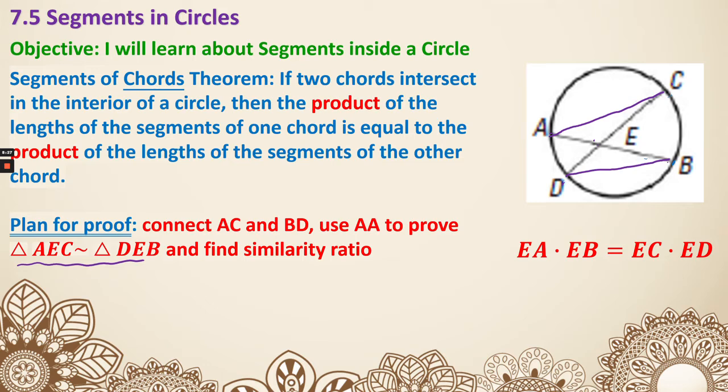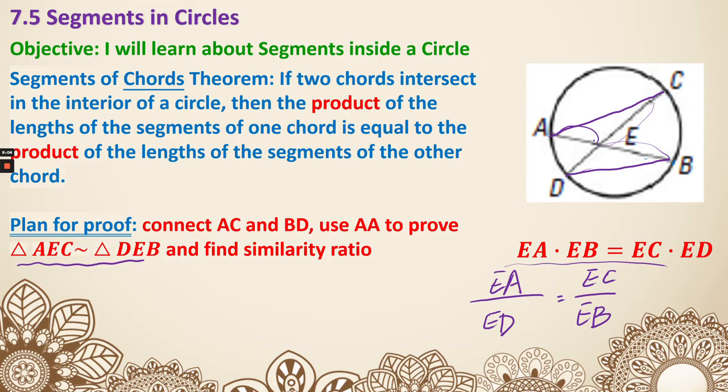If you look at them, EA is here, EB is on the other triangle, EC is on the first triangle, ED is on the other triangle. We haven't ever proved anything with multiplication like this. However, if we are trying to prove triangle similarity, by the definition of similarity, we can have a similarity ratio. And if that's the case, we can change this multiplication into a ratio, which would be EA over ED equals EC over EB. You might be wondering, why is it EA over ED?